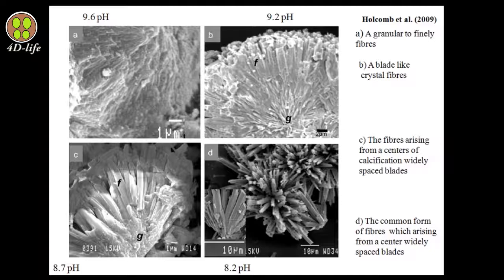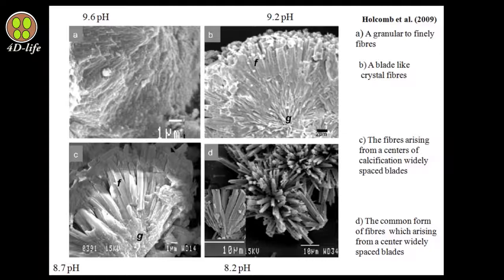They showed that in the supersaturation state with pH 9.6, we have granular to fine coral fibers in the crystalline structure, and with pH 9.2, also in the supersaturation state, we have blade-like crystal fibers.